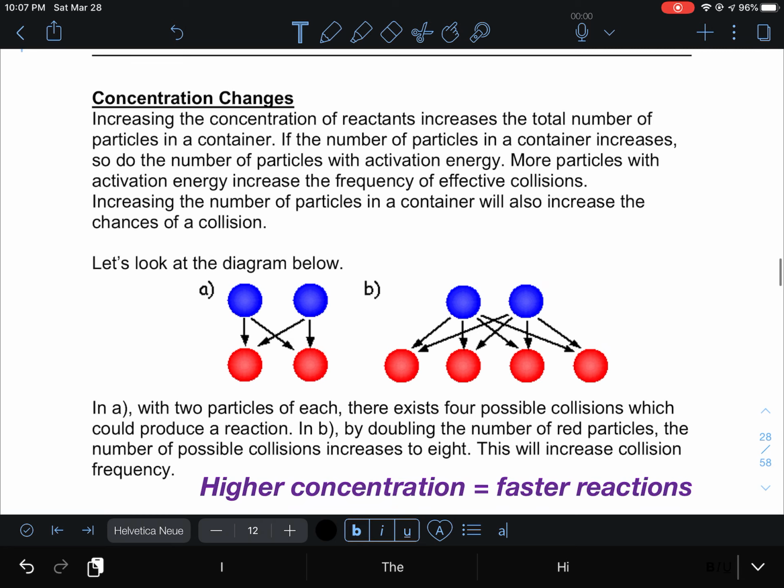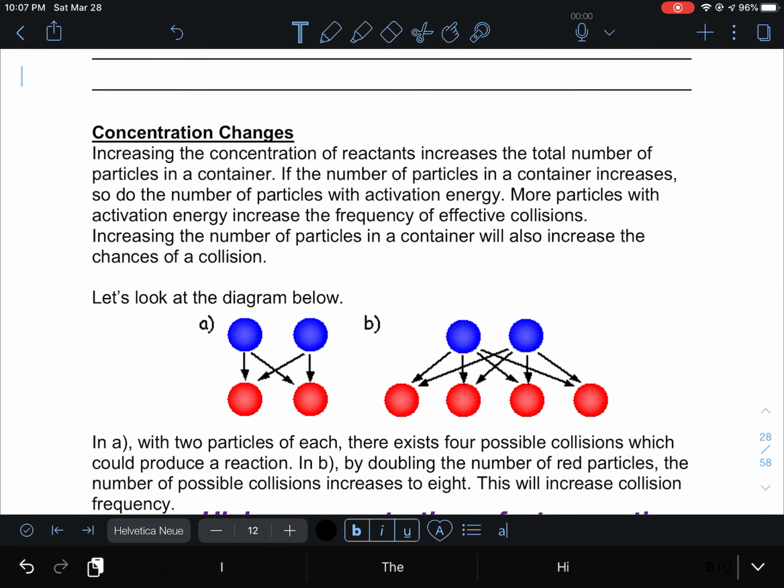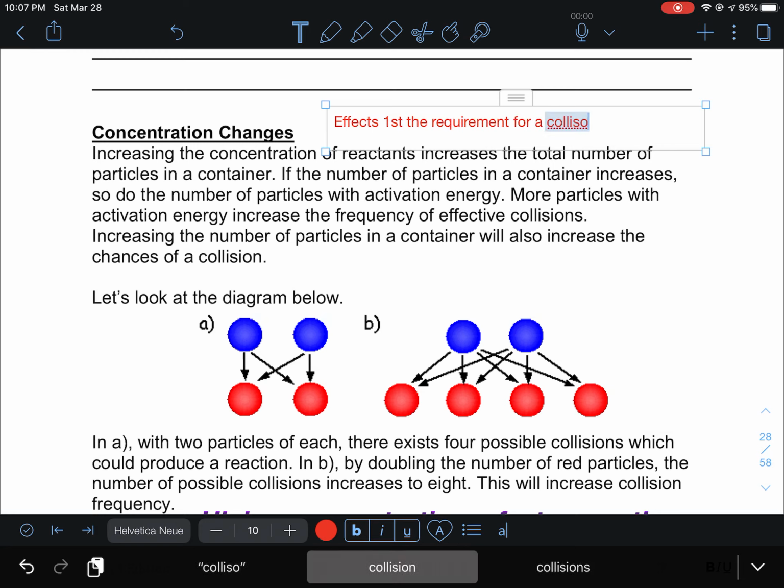Not speed of light, but so concentration, this is another one. This really affects the requirement for collision. So it affects first the requirement for a collision for reactions.